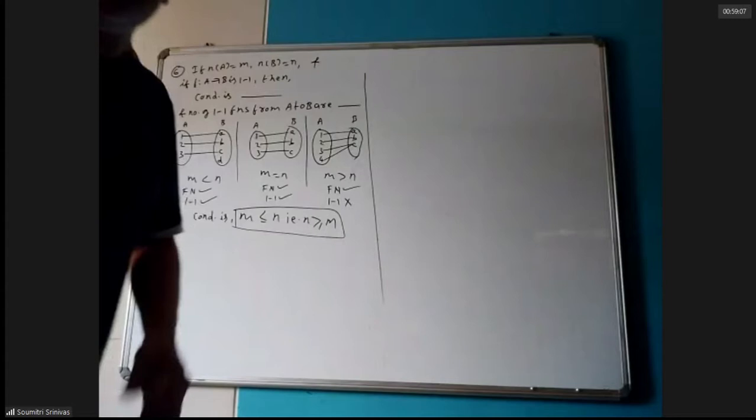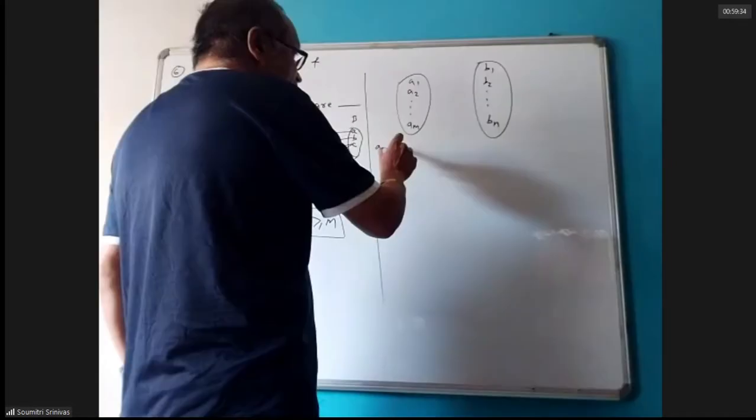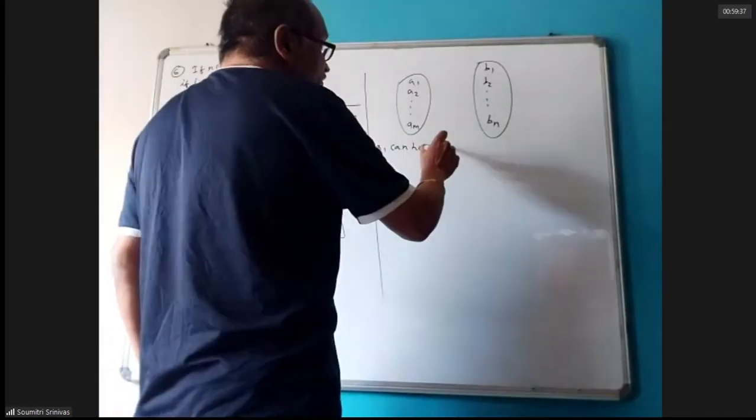M elements: A1, A2, Am. Set B has B1, B2, Bn. How many images can A1 have? N images.